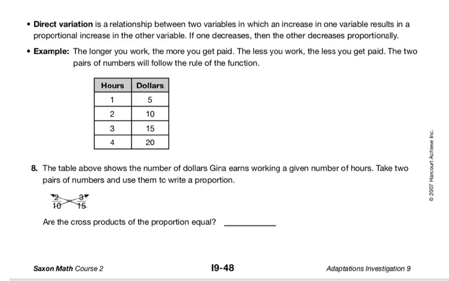Now there's actually a very specific formula that we use for direct variation. It's called y equals kx. And this formula is our direct variation formula. Okay, now you recognize the y and the x.